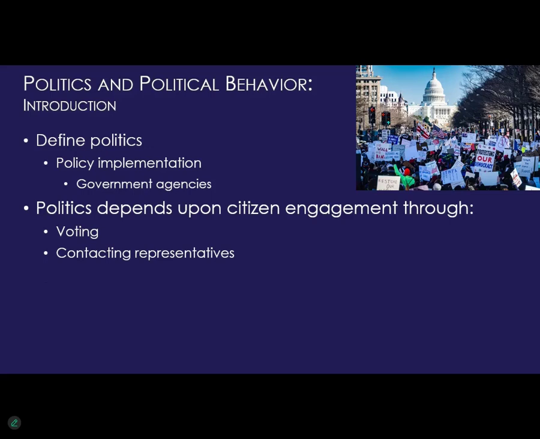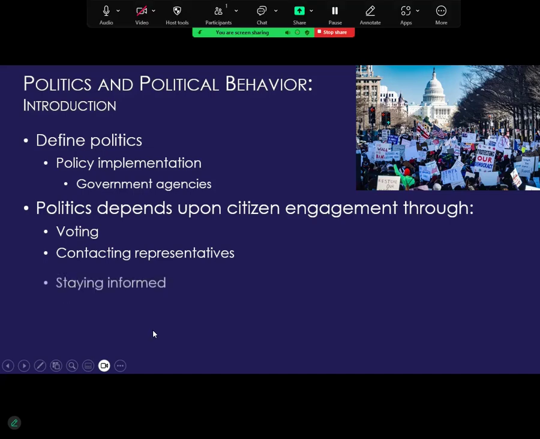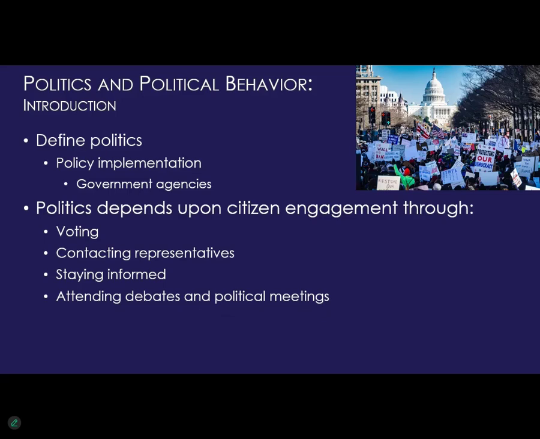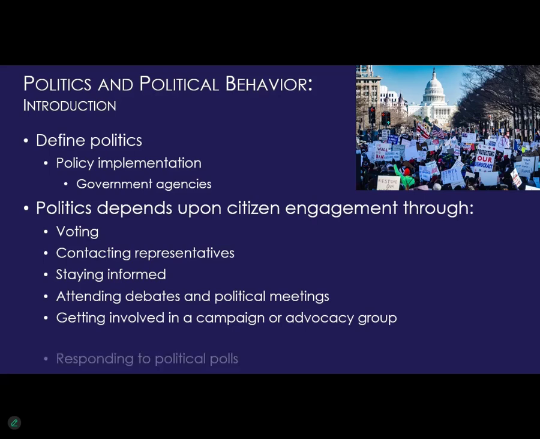Other important aspects of citizen engagement with politics include staying informed, learning, understanding, and discussing public policies with other people, attending debates or political meetings, actively getting involved in a campaign or joining an advocacy organization.